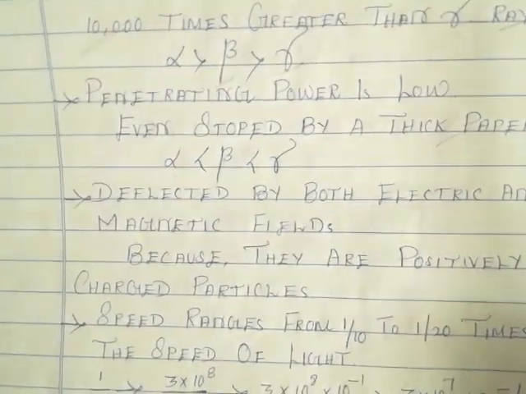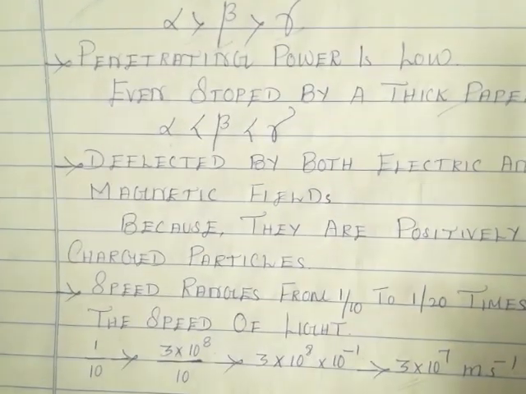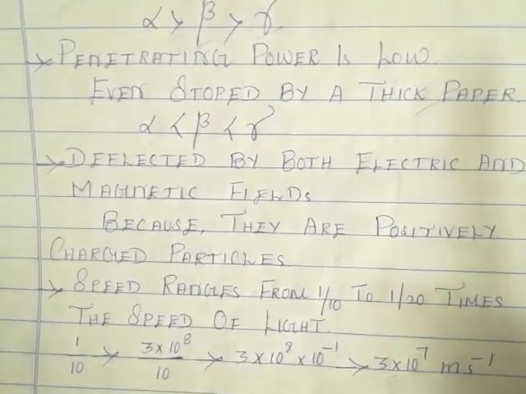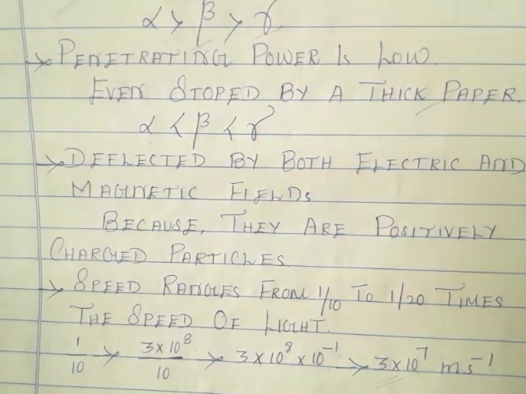And the alpha radiations are deflected by both electric and magnetic fields. Why? Because they are positively charged particles. In general, all charged particles are deflected by both electric and magnetic fields.